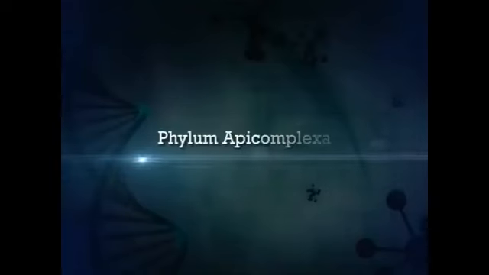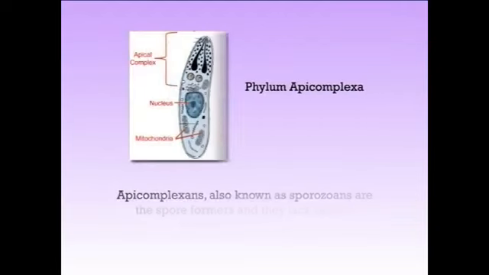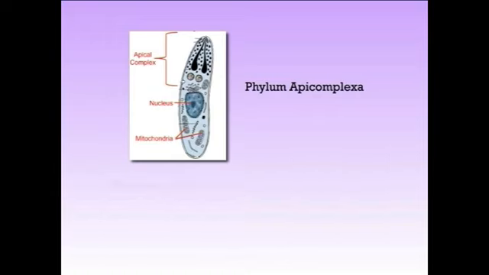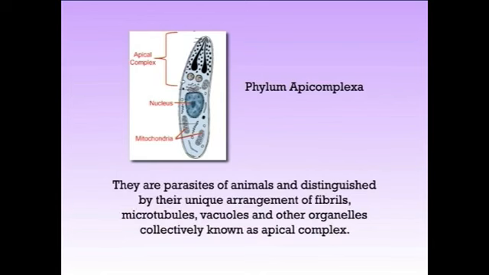Next we'll see the phylum Apicomplexa. Apicomplexans, also known as sporozoans, are spore formers, and they lack special locomotory organelles. They are parasites of animals, and they are distinguished by their unique arrangement of fibrils, microtubules, vacuoles, and other organelles, which are collectively known as the apical complex.